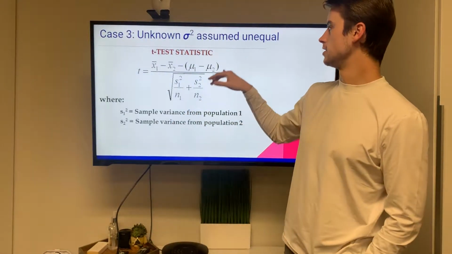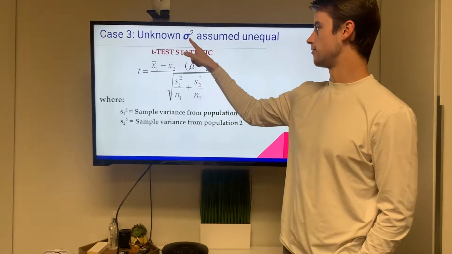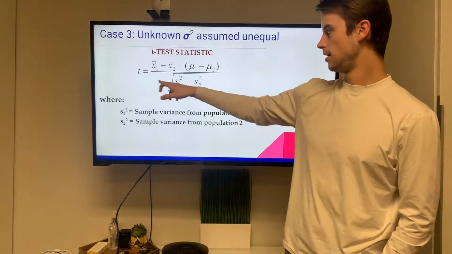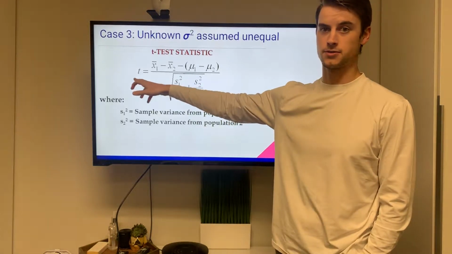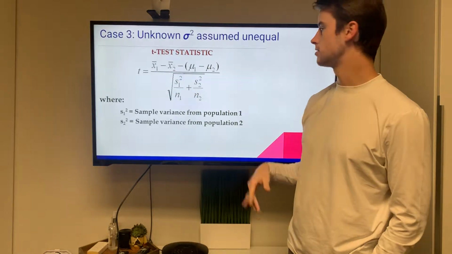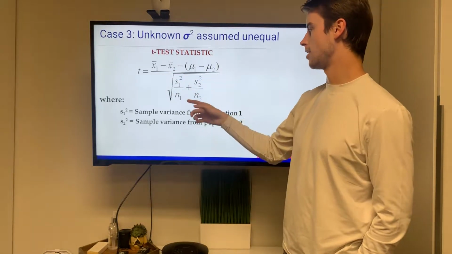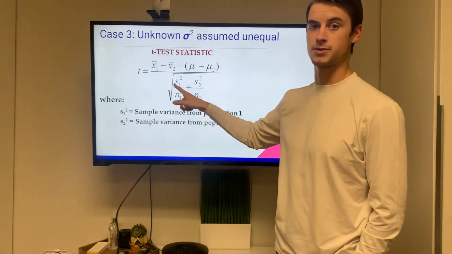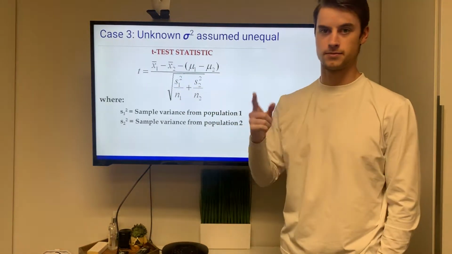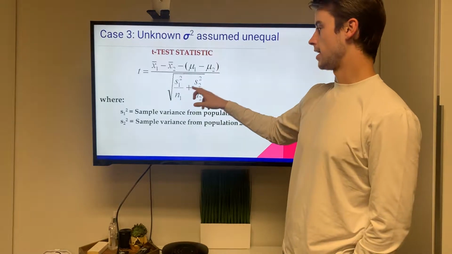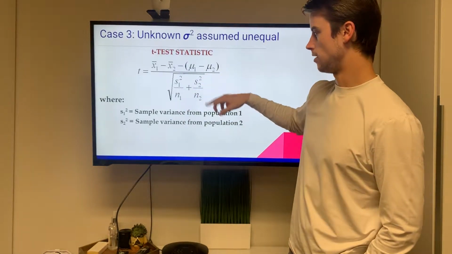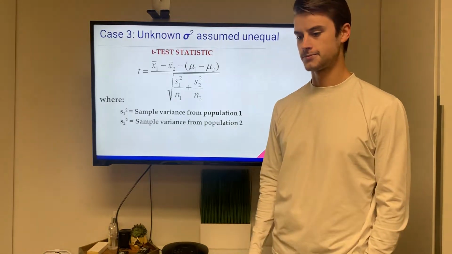If it's not known, or if it's assumed unequal, so if this is different between the two samples, our t-score, again, we have to do a t-score, is sample mean 1 minus sample mean 2 minus the magnitude, all of that over our first sample standard deviation, or I guess our variance in this case, because it's squared. That's important. And we add that, over the first sample size, to the same thing for the second sample, okay?